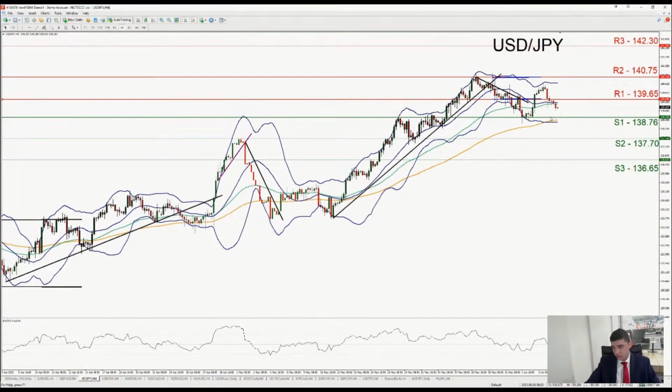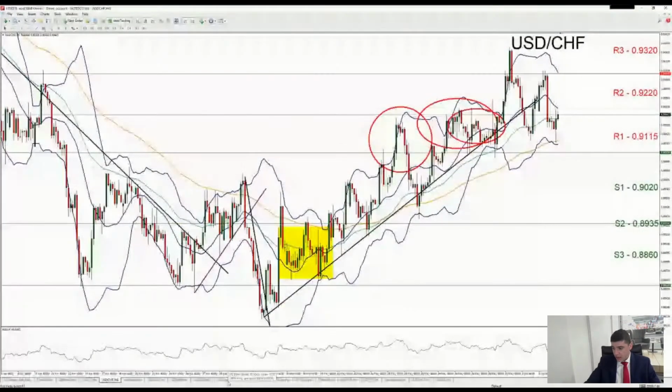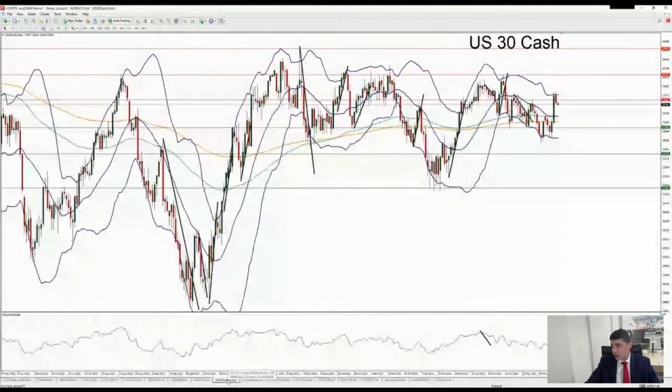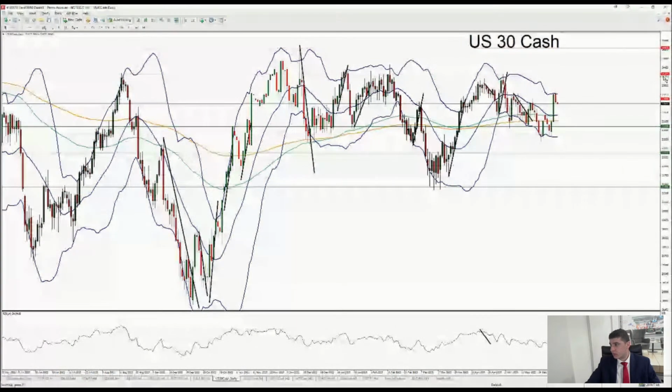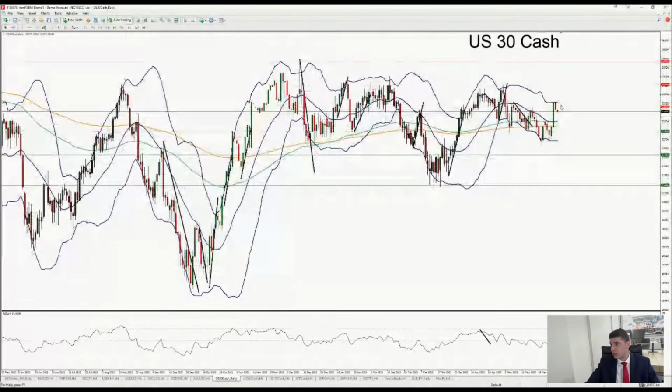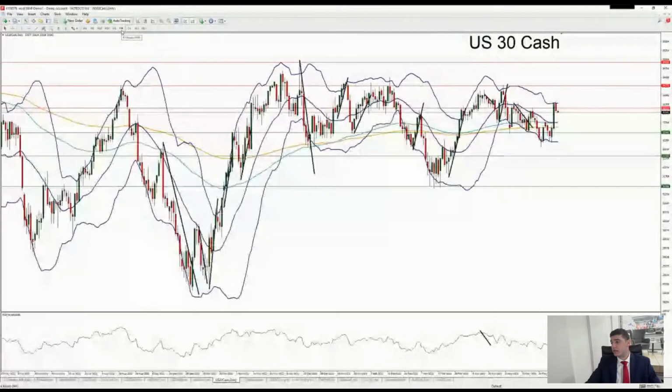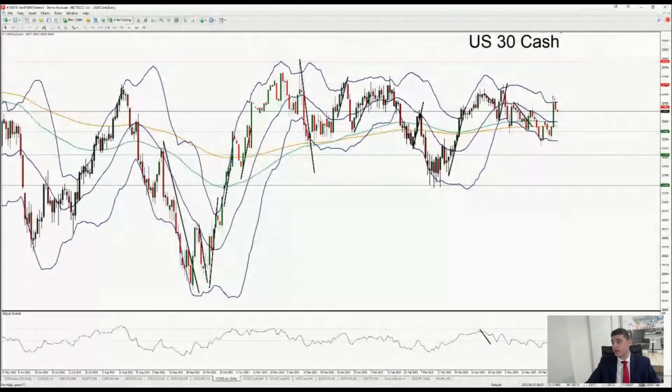Hence, the move below. Now, moving into the U.S. equities markets, note that the Dow Jones 30 has moved in a downward trajectory since yesterday. So, following the US ISM services PMI figure, it would appear with them coming in lower than anticipated.